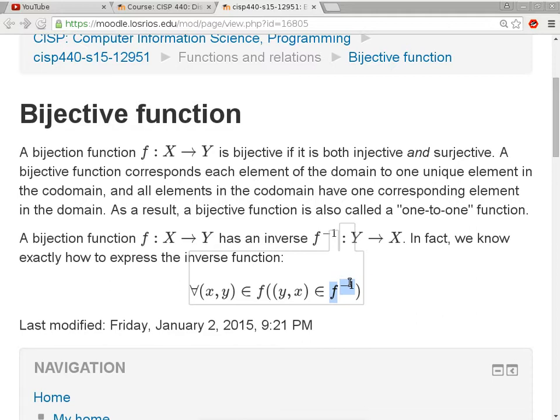Is that okay? Any questions about bijective? Because it's kind of like a special case, but it's also very useful. Bijective functions are far more useful in many cases than functions that are just surjective or just injective.